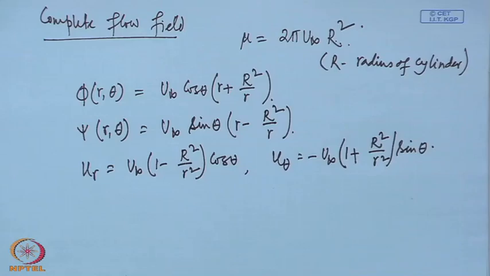Again the stagnation point will be at the two tips of the diameter along the x axis, just like in the case of the oval.